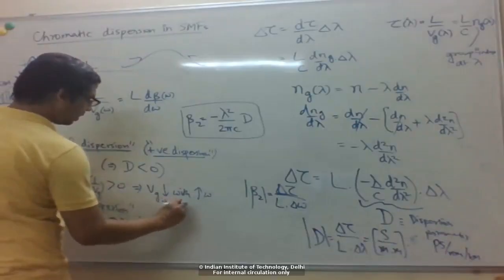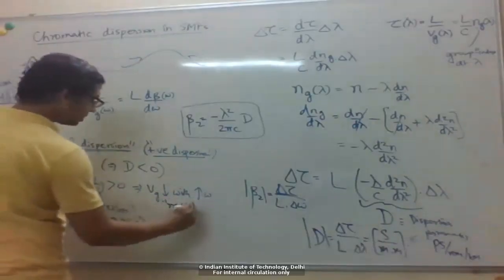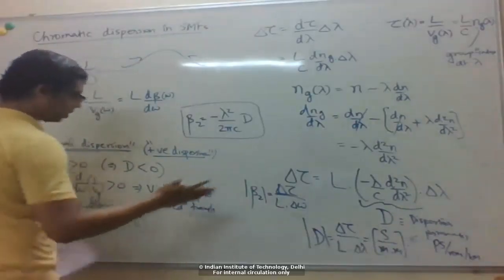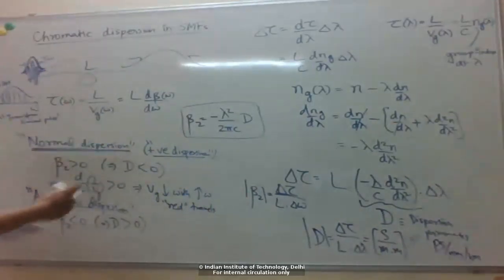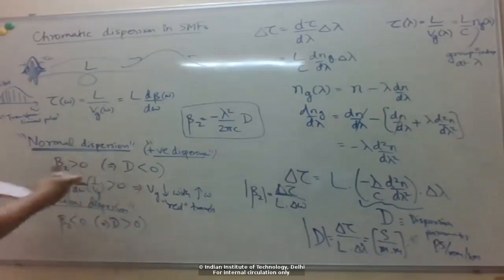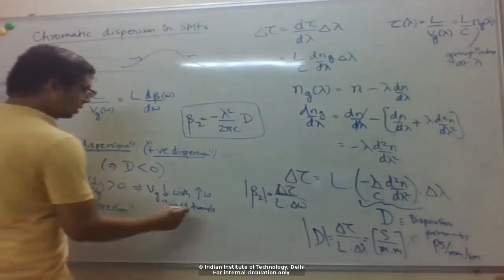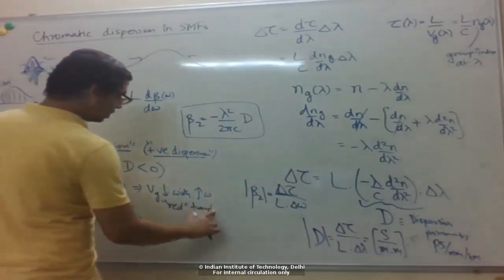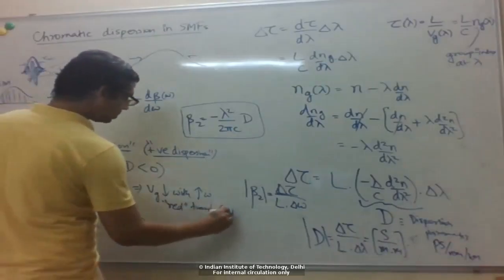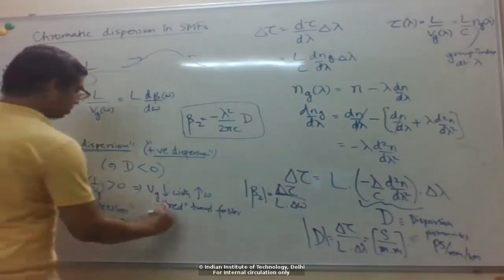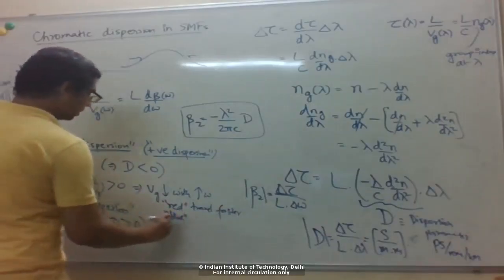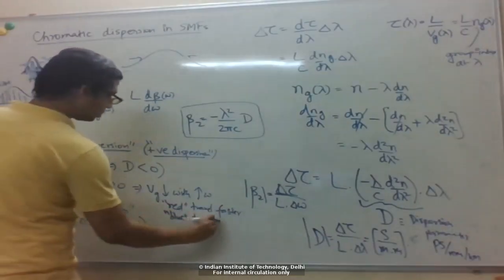Lower frequencies are denoted by red, and higher frequencies are denoted by blue. For example, in the visible spectrum, red is towards low frequencies and blue is towards high frequencies. So the low frequencies travel faster, and the high frequencies travel slower.